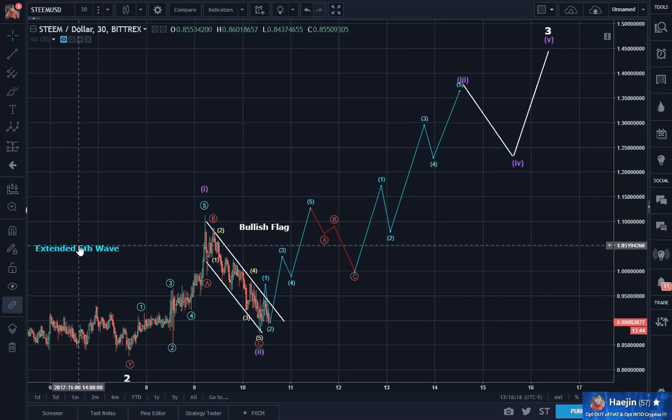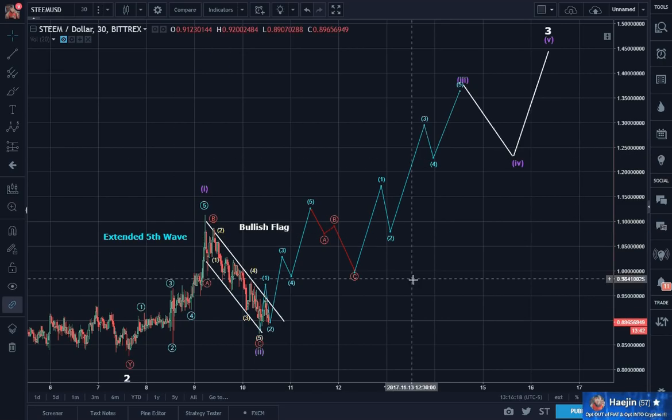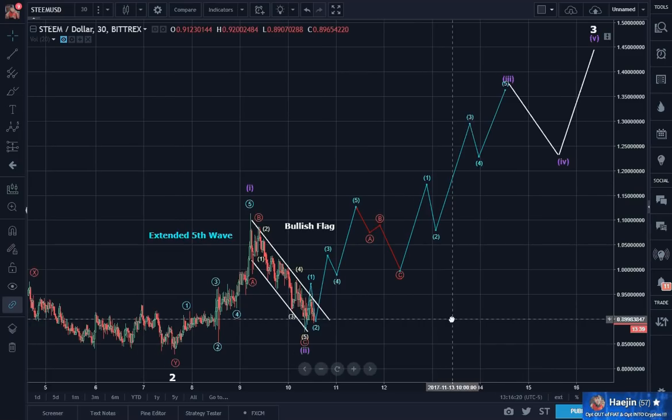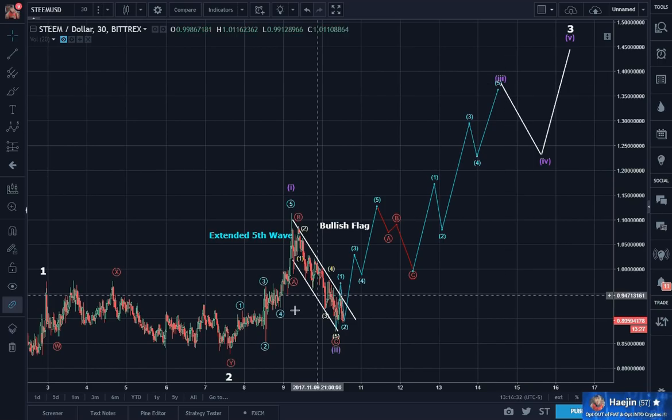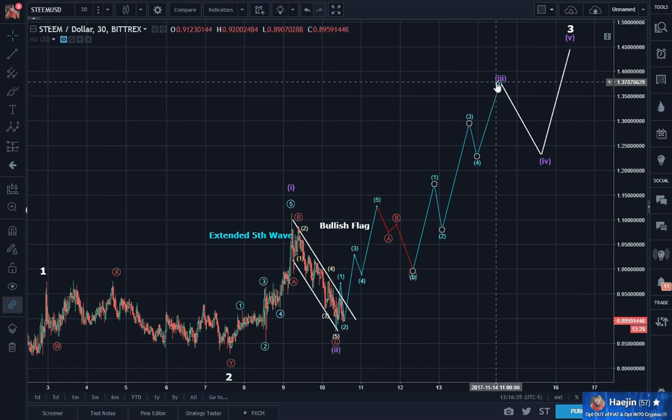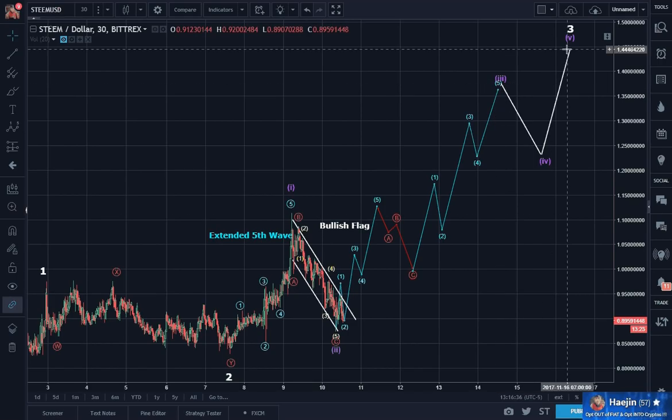Like that. Okay, so let's go from 1 white to 3 white. The subwaves of 3 of purple, 1, 2, 3, 4, 5.